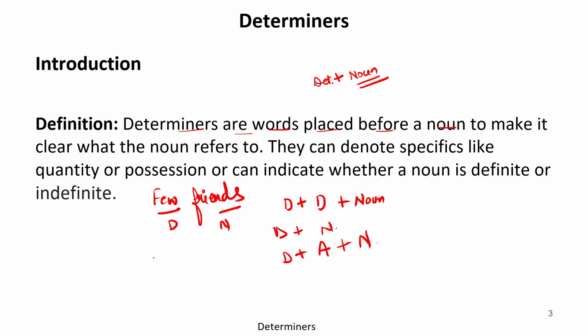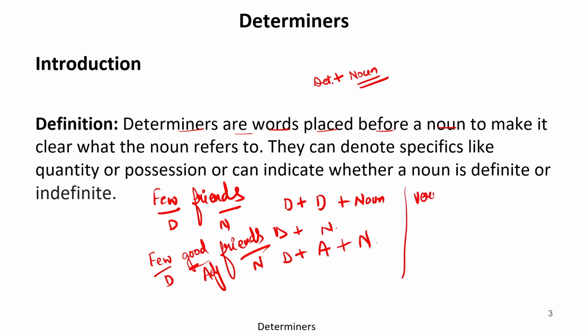Also, if I say few good friends. Now, in this structure, we can see friends noun, good adjective, and few determiner. Now, if I say very few friends, in this structure we can have friends noun, few determiner. Very is also a determiner.